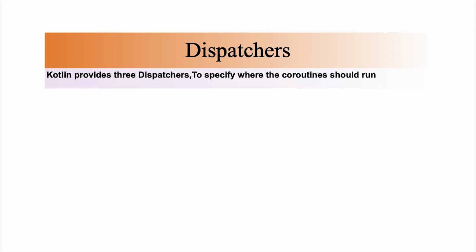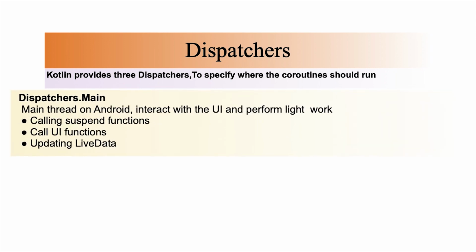Dispatchers. Kotlin provides three dispatchers to specify where the coroutines should run: Dispatchers.Main, Dispatchers.IO and Dispatchers.Default.